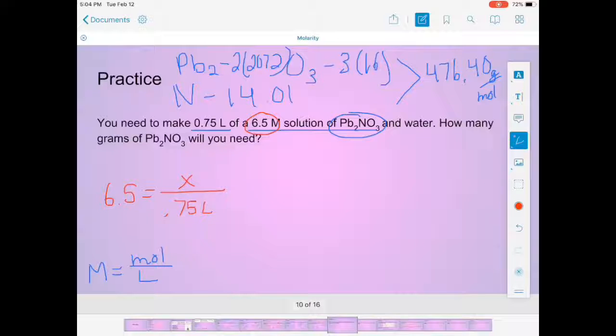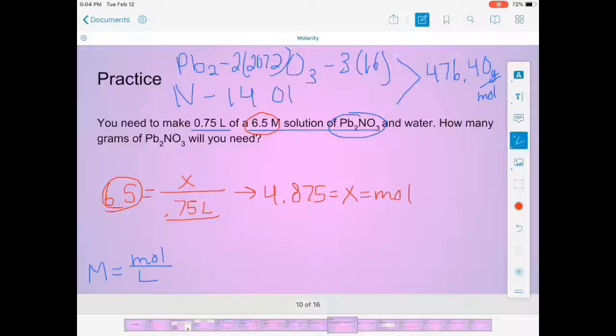We can multiply both sides by 0.75. And that will get rid of this 0.75 down here, and it will change this number. So we can rewrite this formula as 6.5 times 0.75, which is going to give us 4.875, which will equal the number of moles we want for this problem right here.